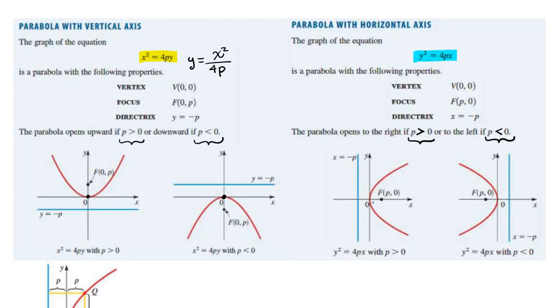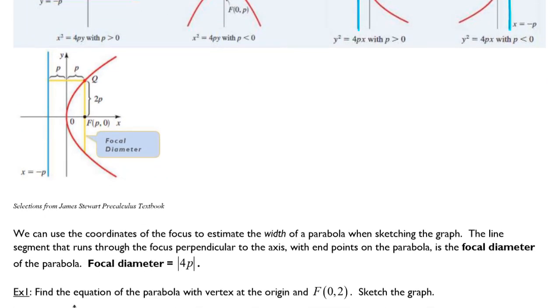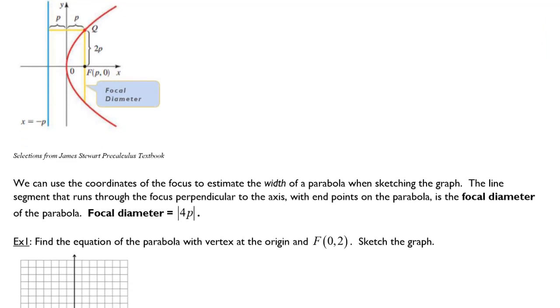And you can see how the directrix again is opposite the side the parabola is opening toward. So it's on the other side. It's almost like it's holding it back, kind of like a wall. We're going to use these pieces of information to graph these parabolas. Again, we have more information here.